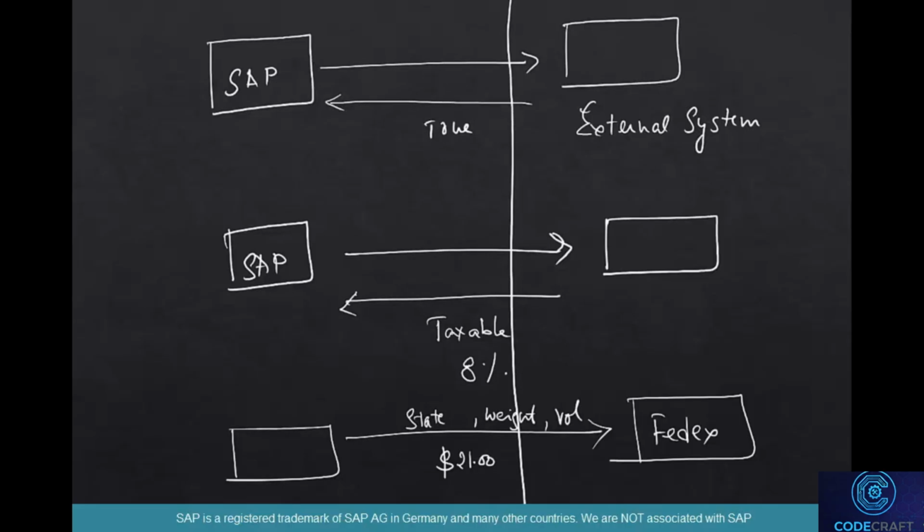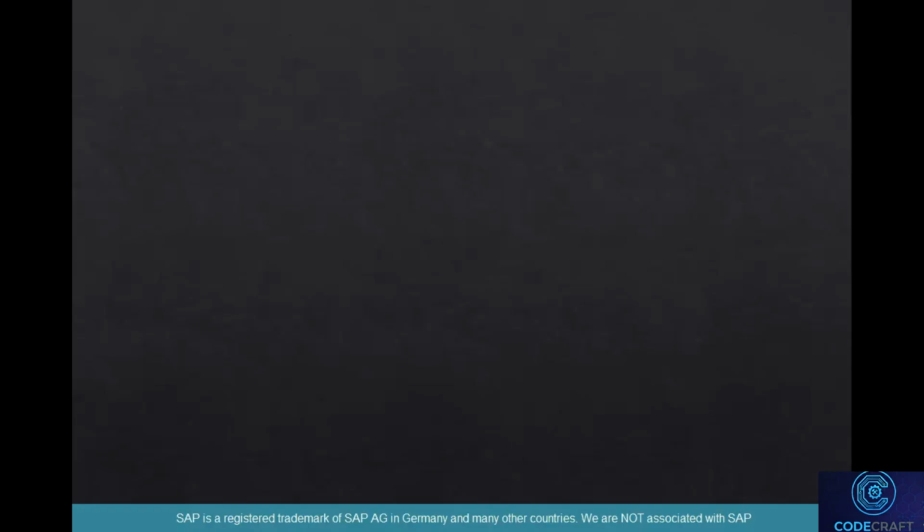I take the examples of external systems. Why? Because you don't know what they return. It's a call that goes over the network and gets you some value. So if the code is written in such a way that if the customer is taxable equals true, then do this logic.